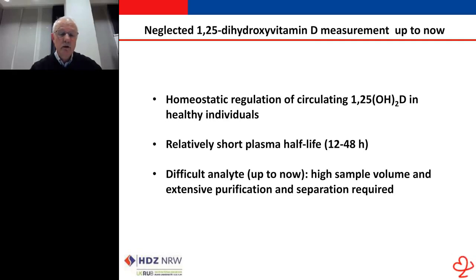Second, the active hormonal form of vitamin D has a relatively short plasma half-life. And the third aspect is that up to now, the measurement was very difficult, and high sample volumes have been required at extensive purification and separation.